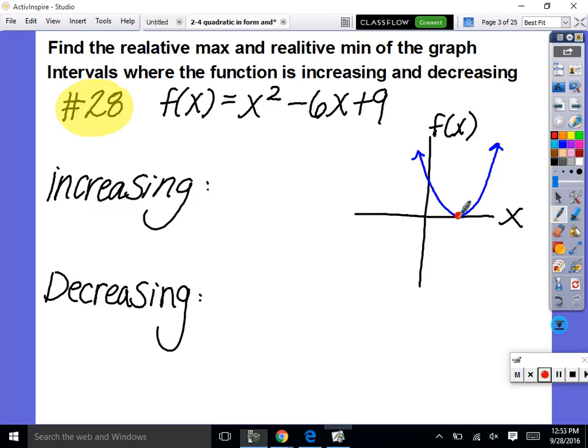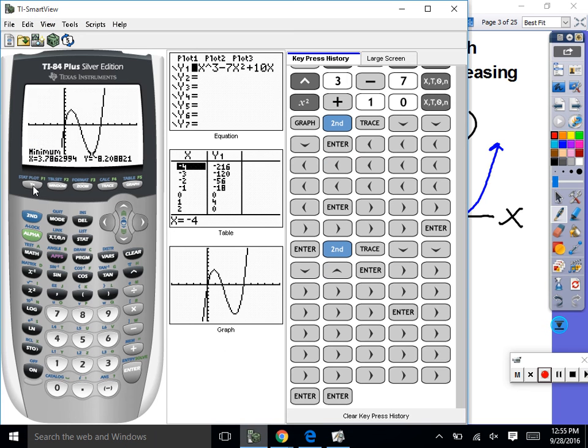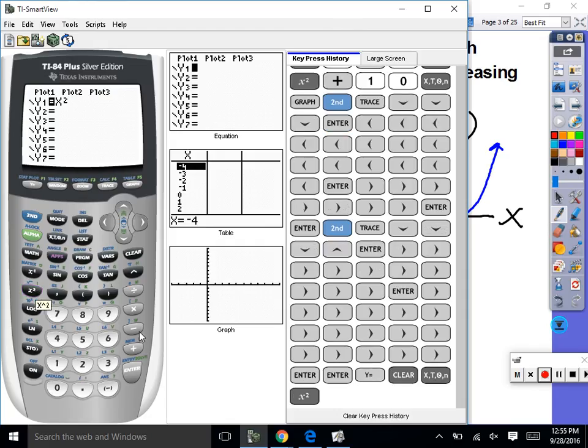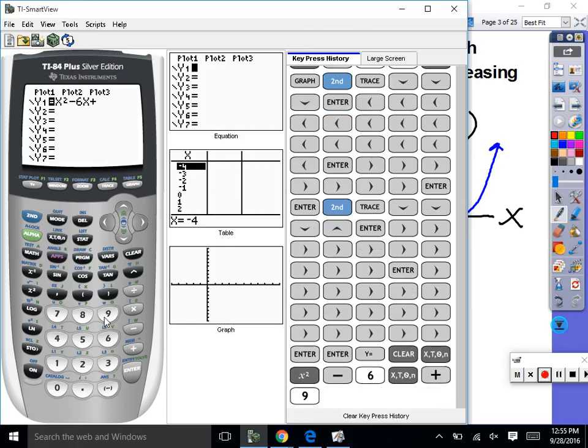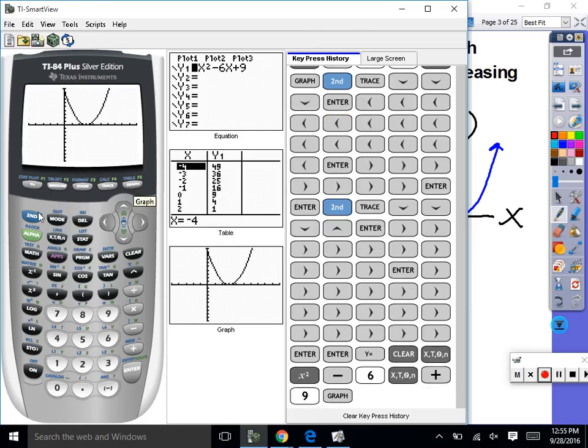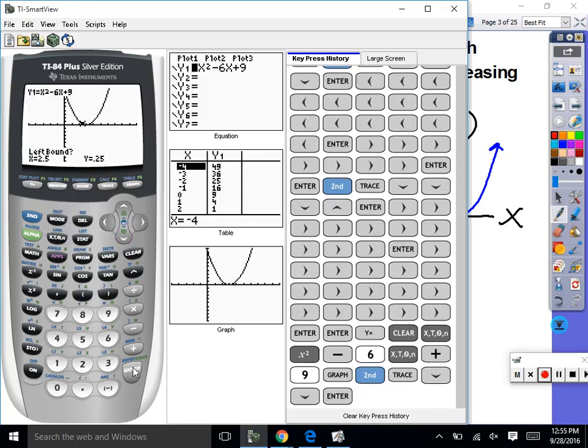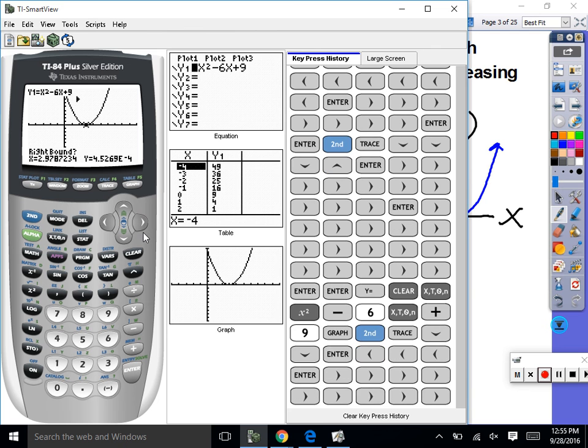you get, now I want to do it because I want to show you something to remind you of a few things. So we go x cleared out, that's x squared, and then it was minus 6x plus 9. I'm going to do second trace. It's not a max, so you got to choose min. Left bound, I'm going to scroll left. I hit enter. Right bound, I scroll right. And I want to show you what I get.